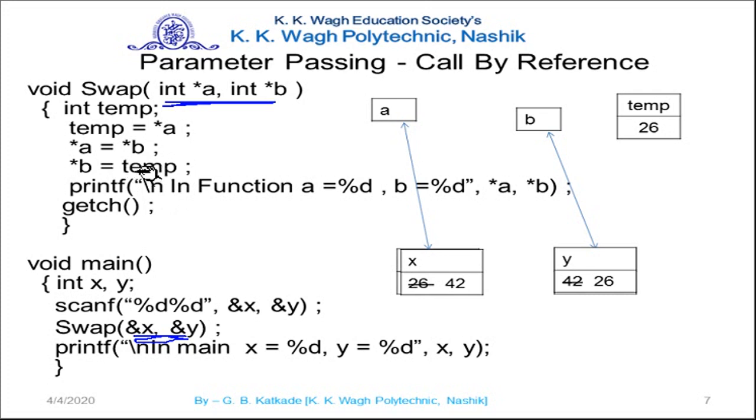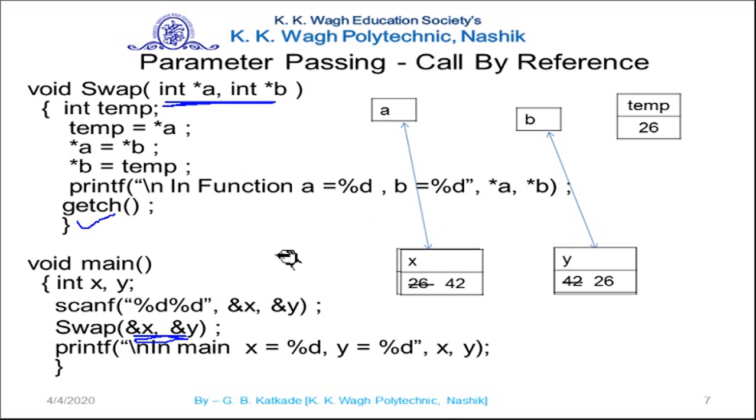Indirectly, what is happening is that I am changing the value of the memory location where x is pointing and where y is pointing. During updates, 26 is replaced by the value of b, so x becomes 42, and in the same way y is updated from 42 to 26. Now when swap is completed, these variables will be removed from the memory as these are local variables of swap.